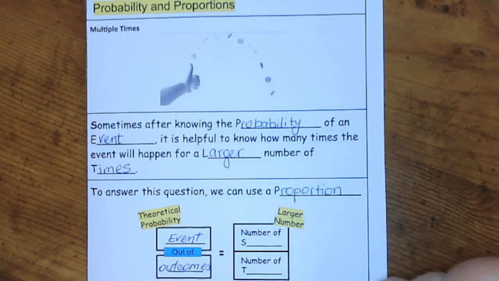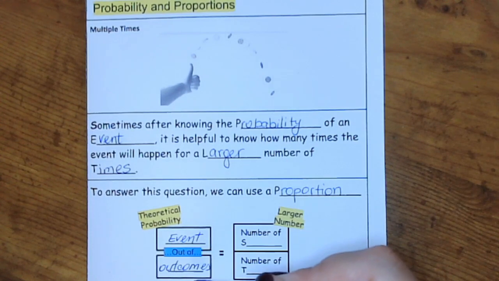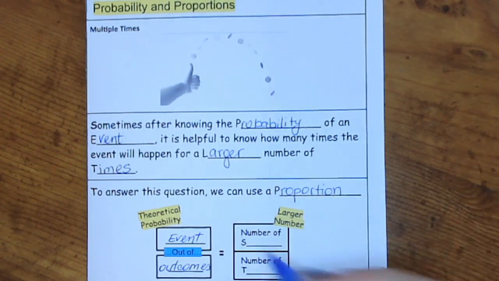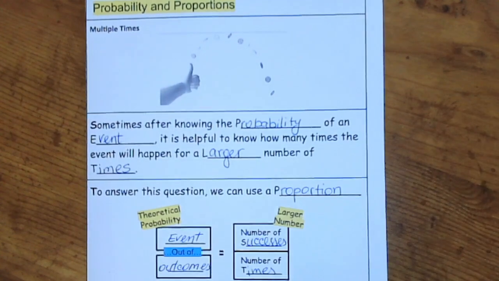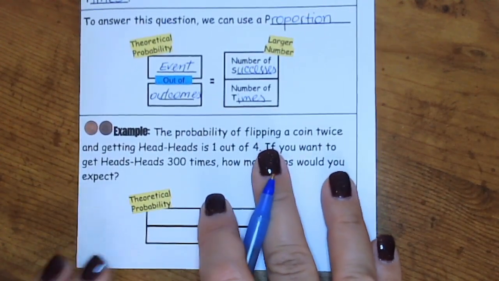So knowing the theoretical probability, we can see what happens if we have a larger number of successes or events to the number of times possible. Let's see an example of how that works.